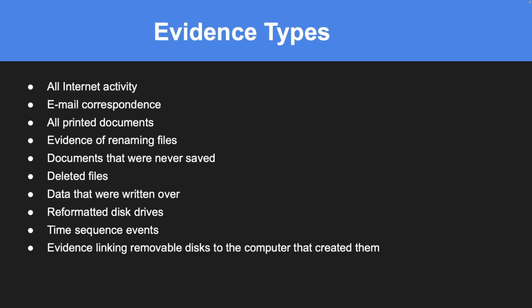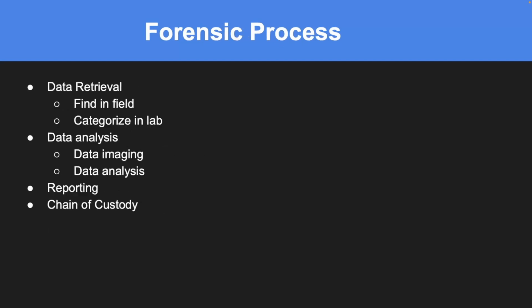And also we can find evidence linking removable disks to the computer that created them. So there's a whole bunch of things that we can do with this, and there is also a forensic process that we have to follow when doing these things.